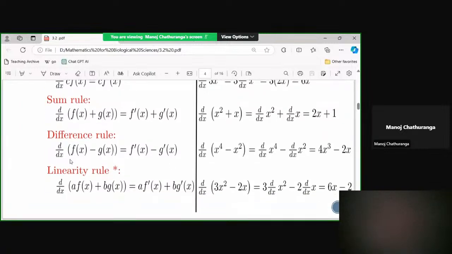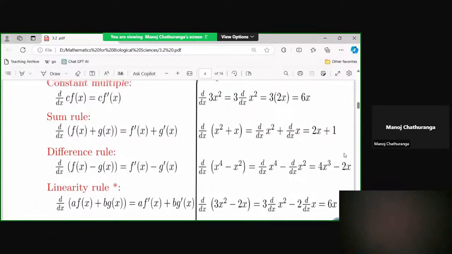The same goes with differences. The derivative of a difference is the difference of individual derivatives. x to the fourth power minus x squared, for example. The derivative of x to the fourth power is 4x to the third, minus the derivative of x squared, which is 2x.